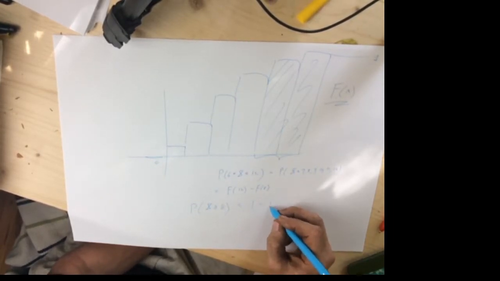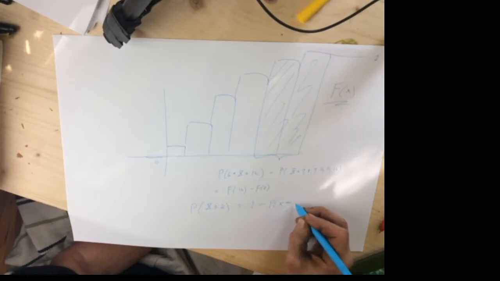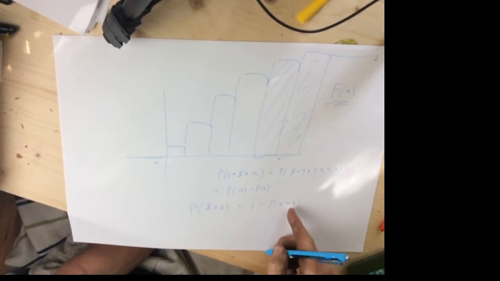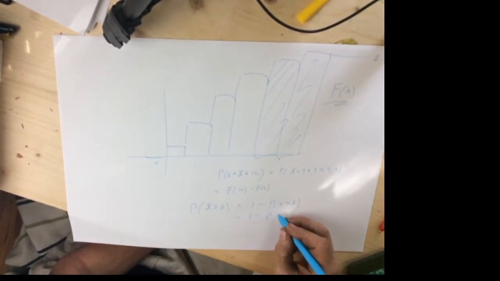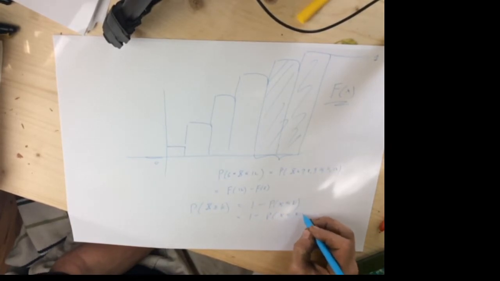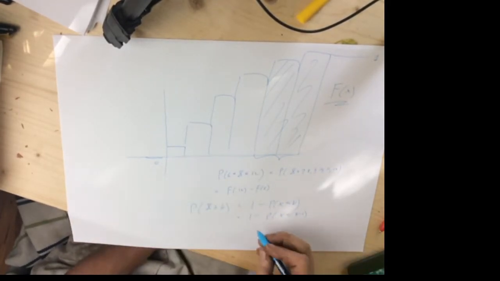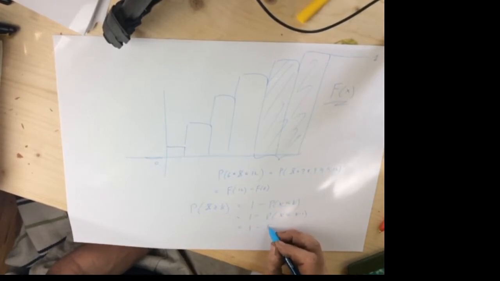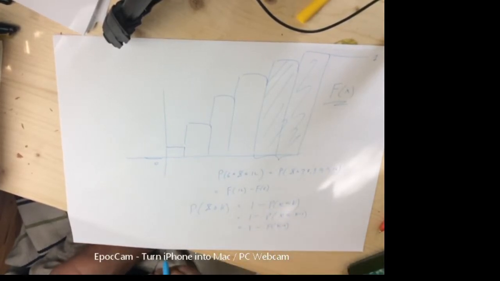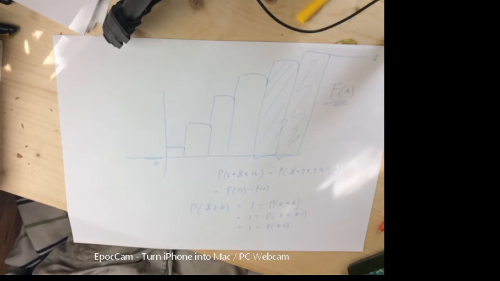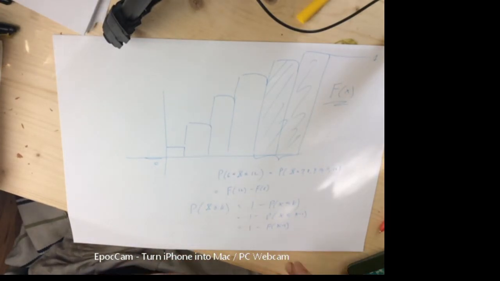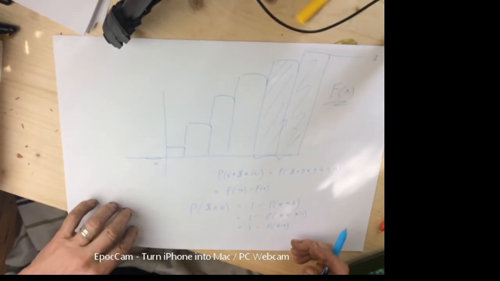That will be 1 minus the probability that x is less than k. But less than in a discrete case is 1 minus the probability of x less than or equal to k minus 1. And now you can use the cumulative function on k minus 1.